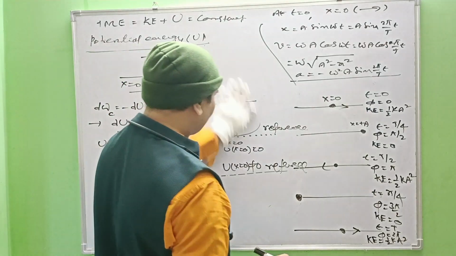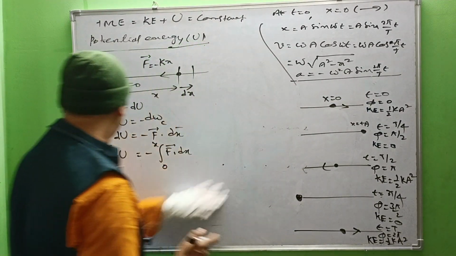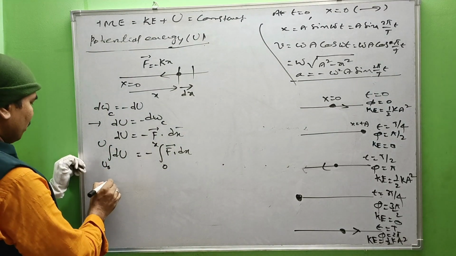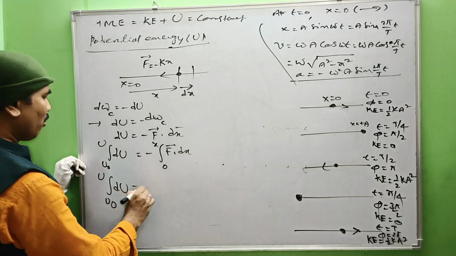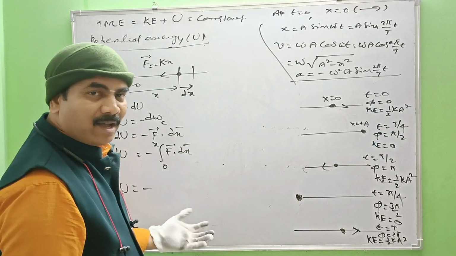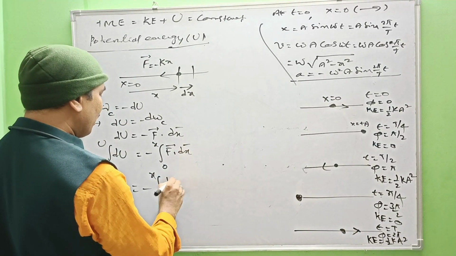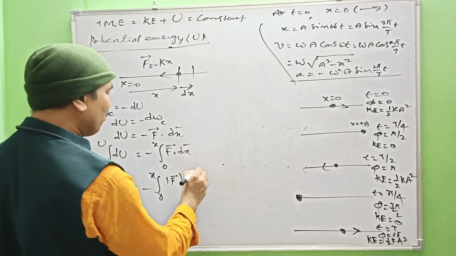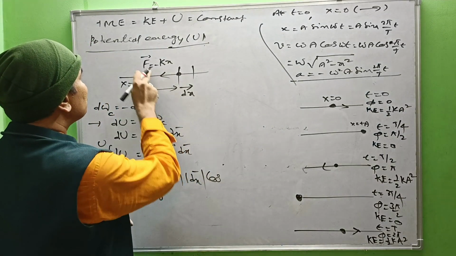Now, integral dU under limits U naught to U equals minus a bar dot b bar, meaning mod a bar mod b bar cos theta, that is integral 0 to x mod F bar mod dx bar cos theta. Theta means these two, force and displacement, are directed opposite to each other.